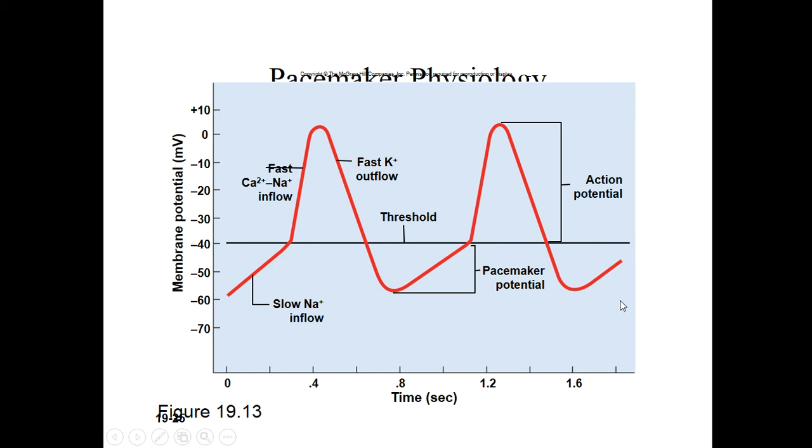We want that SA node to fire with rhythm, right? With regularity, with periodicity. And so once we reach threshold, just like in a skeletal muscle cell or a neuron for that matter, it opens all of those voltage-gated channels. And then we see a very rapid depolarization. Repolarization. No resting membrane, but a slow upward slide. That's called the pacemaker potential.